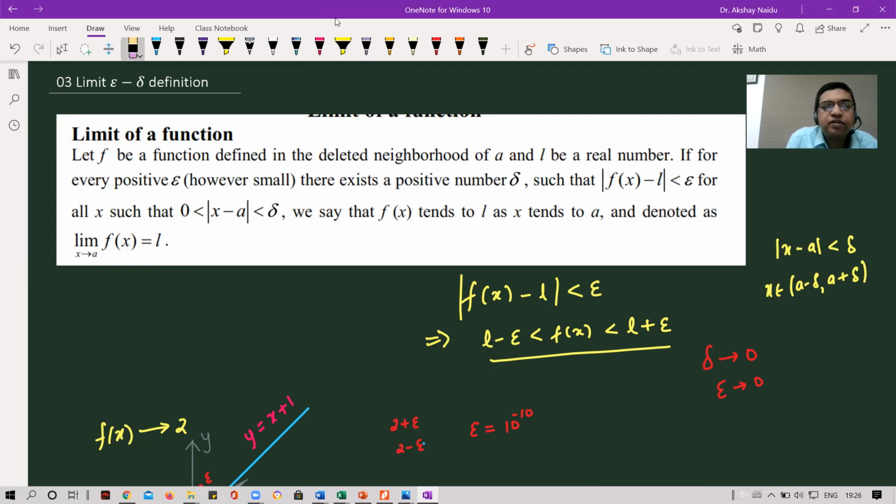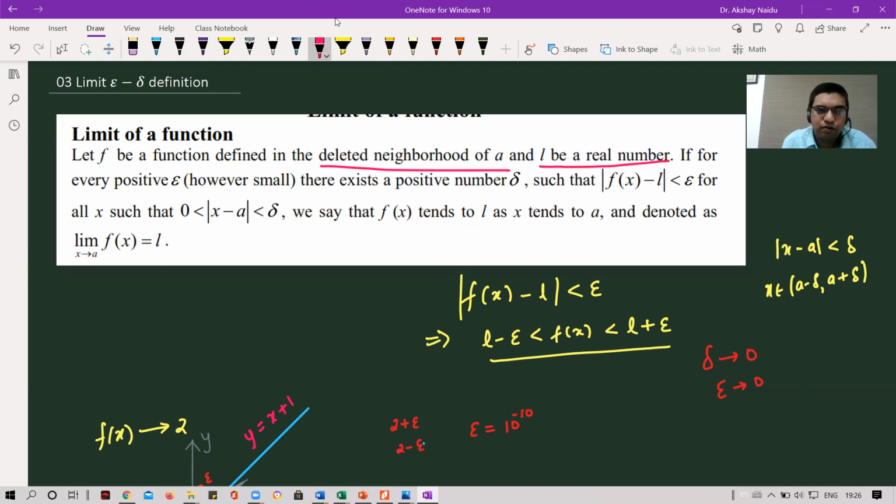Now, if you have understood the concept of modulus, how modulus represents a neighborhood. Now, let f be a function defined in the deleted neighborhood of a. Very important. So at a, it may or may not be defined. And let L be a real number.